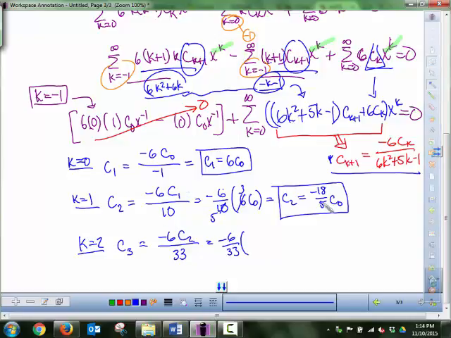Now, I don't have to backtrack. I can just say c sub 2 is negative 18 over 5 c sub 0. Oh boy, fractions. So c sub 3 is equal to, can I cancel? I can cancel a 3. 11. This is 6. Negative, negative is a positive. I have 36 over 55 c sub 0.